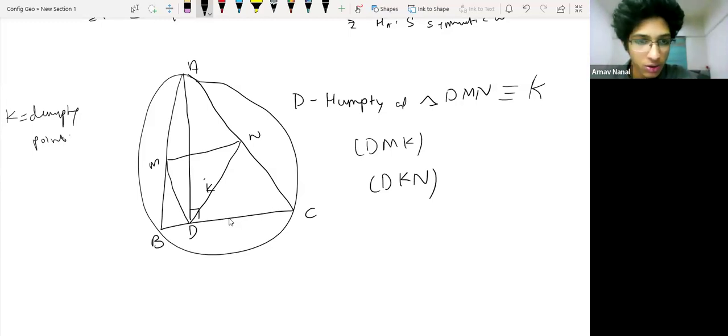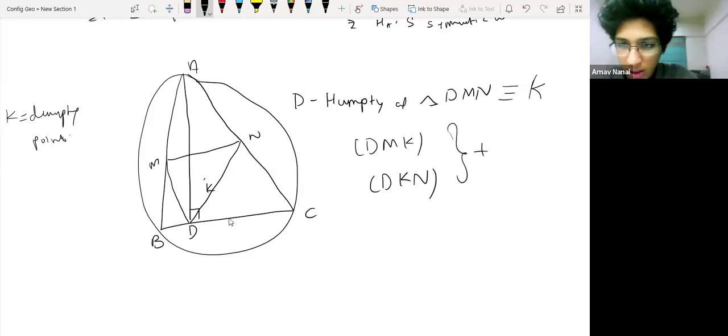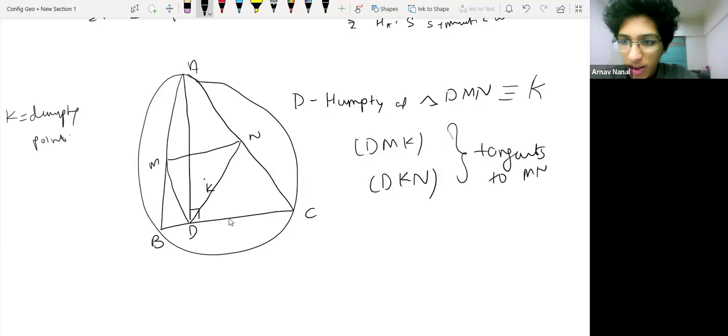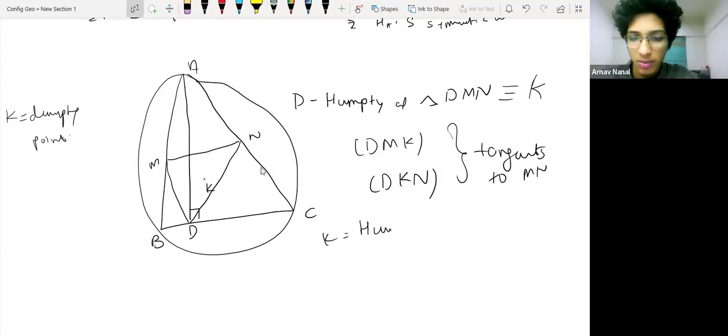I got the isogonal conjugate: DMK and DKN are both tangents to MN. Yes, you're given it as a property. So these are tangents to MN, which means it's just the Humpty point from the other property. So K is the Humpty point.